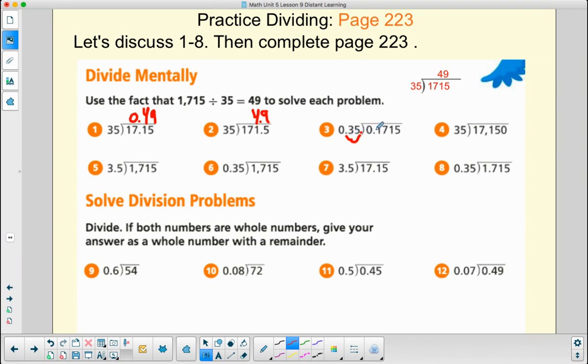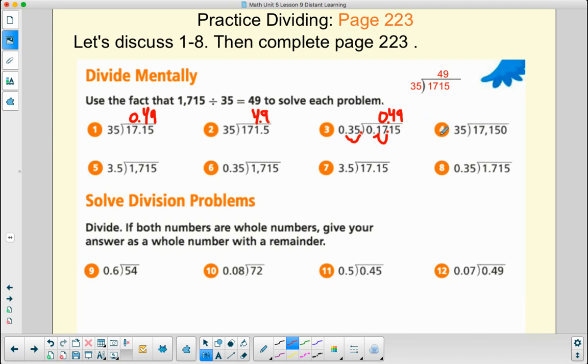But to keep this an equivalent division problem, I have to multiply the 17.15 by 100, meaning shifting the decimal point once, twice to the right. That puts my decimal point here. My 49 again goes over the 1 and the 5, and I have 49/100ths.